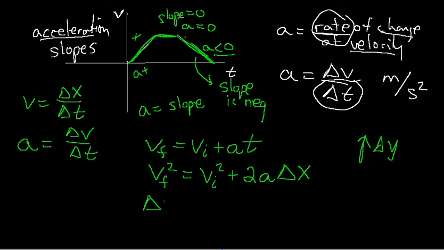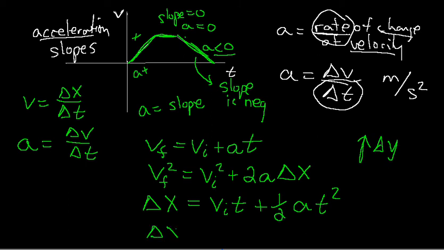Then the last equation here is for displacement, which is the change in position, and that's equal to the initial velocity times time plus 1/2 a t squared. Okay, if we continue along now, these equations hold if acceleration is constant.